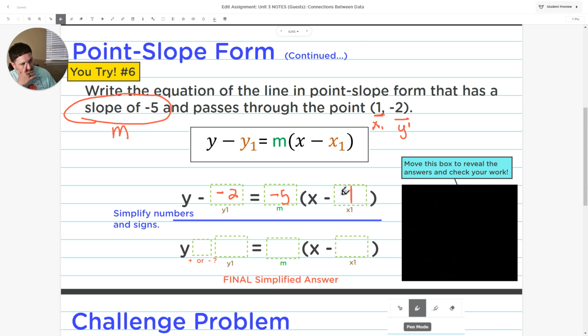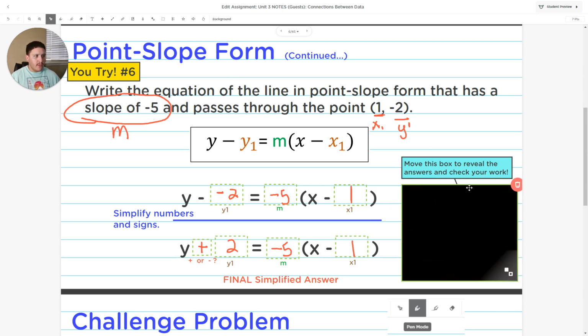Now, to simplify, if I look on the right side of the equal sign, -5 does not have a double negative, so that just gets brought down. 1 does not have a double negative, so that just gets brought down. However, y1 does have a double negative. Because two negatives make a positive, this final sign should be positive, and then you drop the negative on the 2. So this is y plus 2 equals -5 parentheses x minus 1 close parentheses.